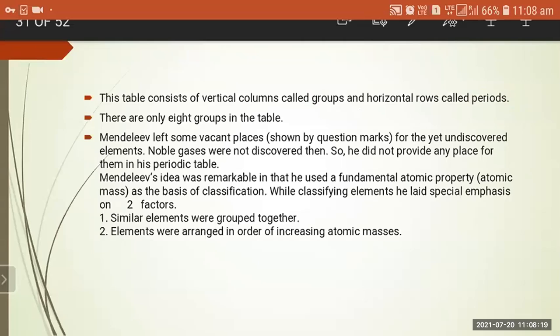Mendeleev's idea was remarkable in that he used a fundamental atomic property, that is atomic mass, as the basis of classification. He laid special emphasis on 2 factors. Which are the 2 factors? Similar elements were grouped together and the elements were arranged in order of their atomic mass.